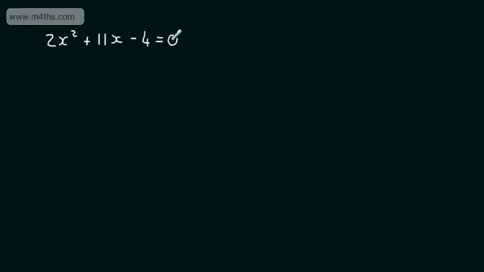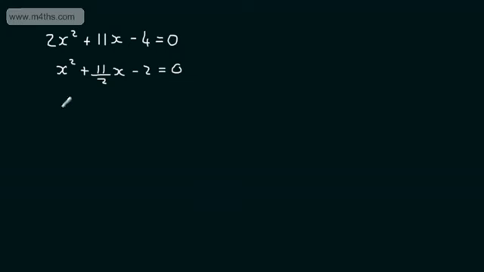I'm solving an equation here, and we complete the square only when the coefficient of the x squared term is 1. So if I wanted to solve this, all I'm going to do is divide both sides of the equation by 2. So I get x squared plus 11 over 2 x minus 2 is equal to 0. If you want to add the 2 at this stage, you're more than welcome to do so.